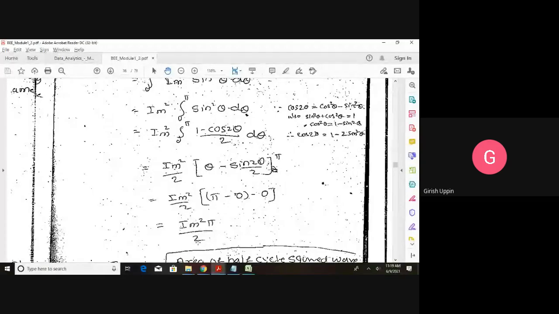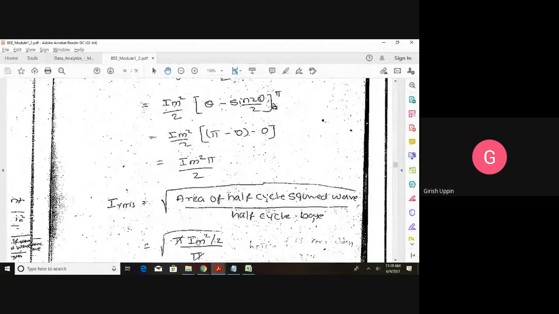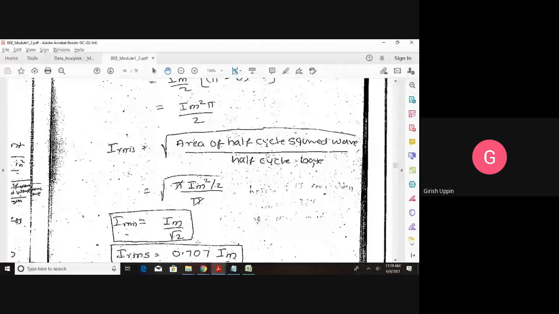Now we have the formula. What is the formula for the RMS value? IRMS is equal to the square root of the area of the half cycle squared wave divided by the half cycle base. And what is the area? The area is pi into Im square divided by 2, and the half cycle base is pi. This pi will get cancelled.